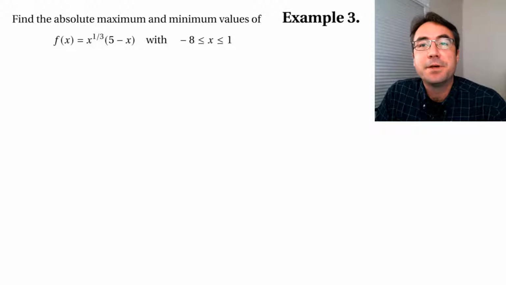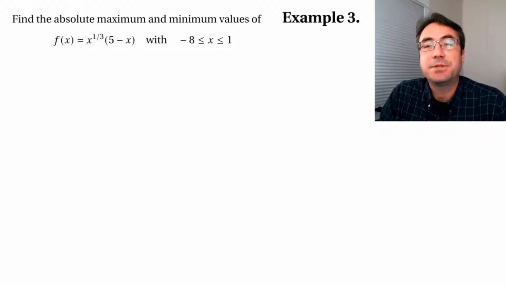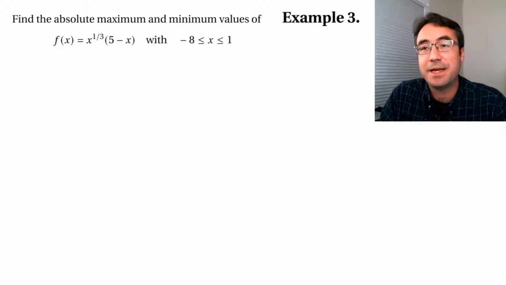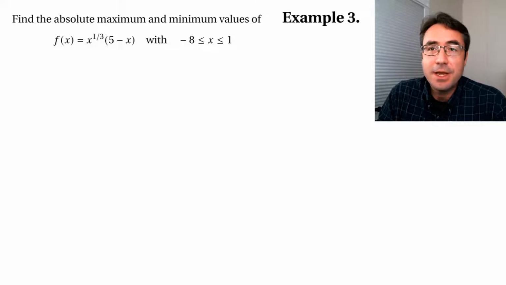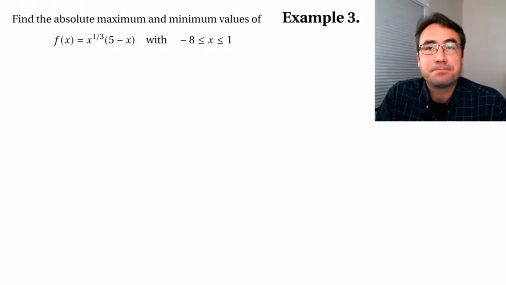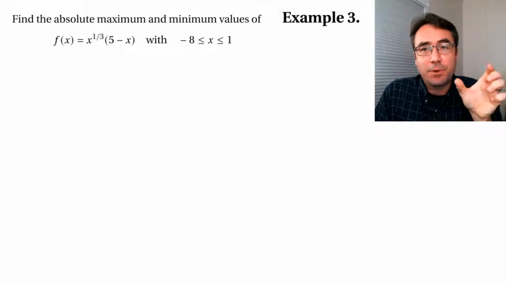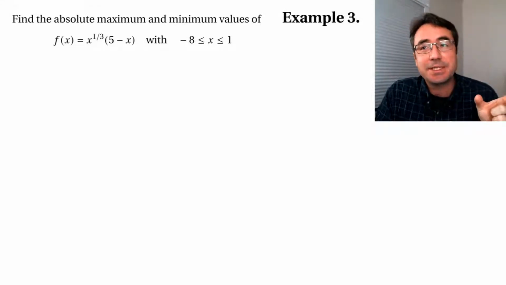So we're going to find the absolute max and absolute min value of this function f of x equal to x raised to the 1/3 power times 5 minus x, defined on the closed interval -8 to 1. We're going to use the extreme value theorem. First we check that our function is continuous.